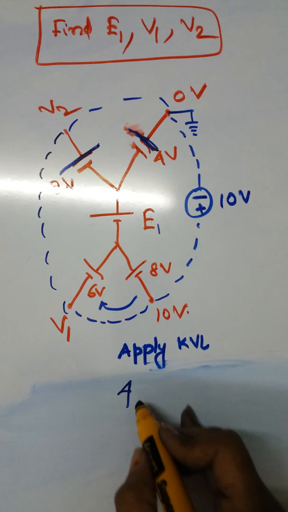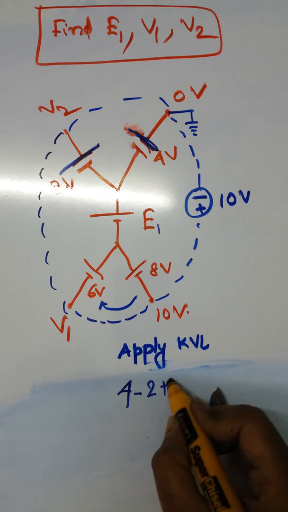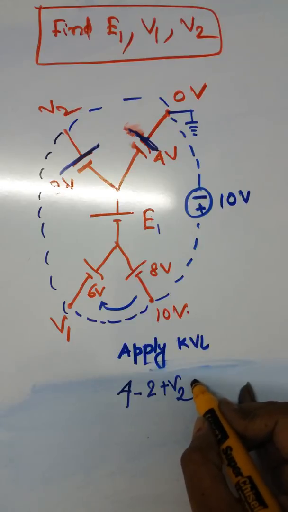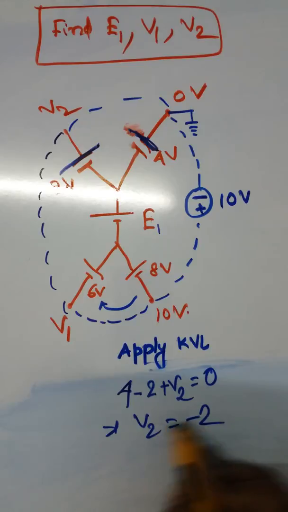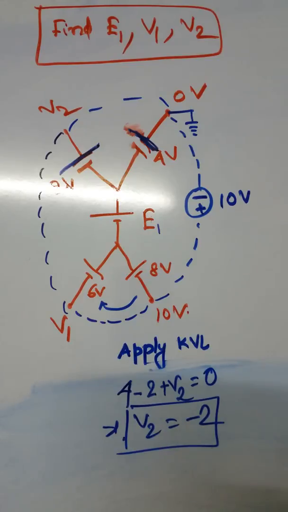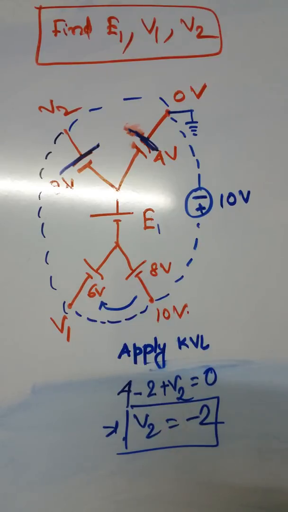We are going to this 4 minus 2 plus V2 is 0. So your V2 is coming as minus 2. So if you would have taken the other way, then it would have come plus 2, but it's okay. So yeah, don't forget to write volts obviously.